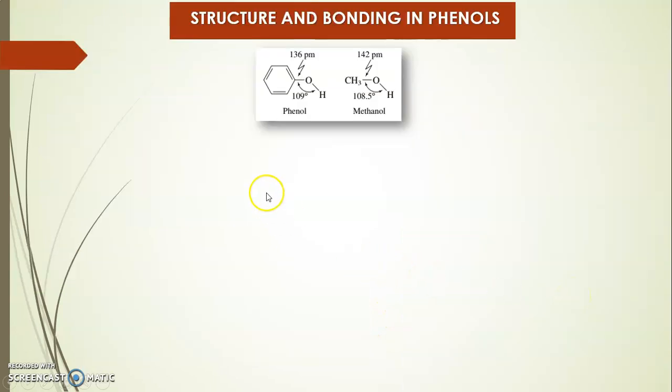And now let us discuss the structure and bonding in phenol. This is the structure of phenol, and this is the structure of methanol. You can see that the CO bond distance is 136 picometers, which is shorter than the carbon-oxygen bond in methanol, that is 142.